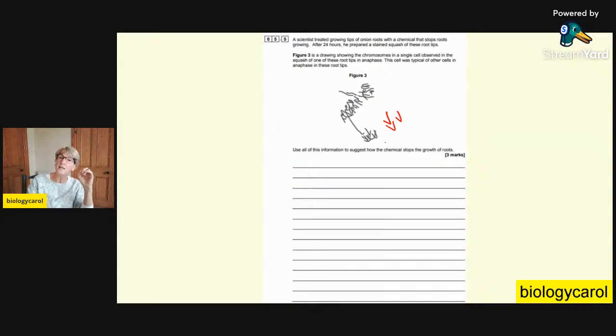These are being split apart during anaphase, but you've got a whole load here that have stayed still. That's what I think we are looking at, because there are quite a number of straight chromosomes. Use all of this information to suggest how the chemical stops the growth of roots.